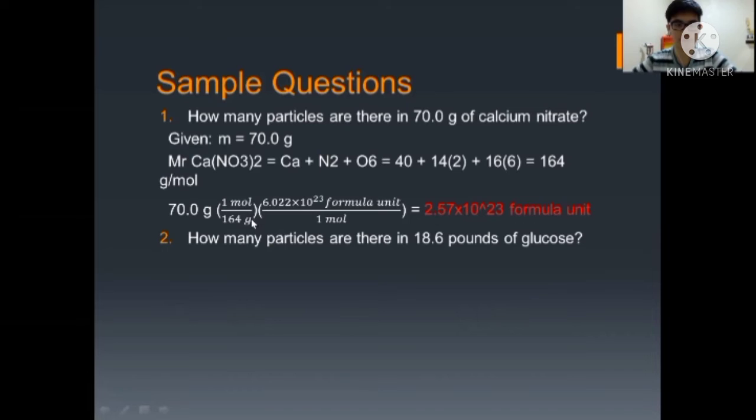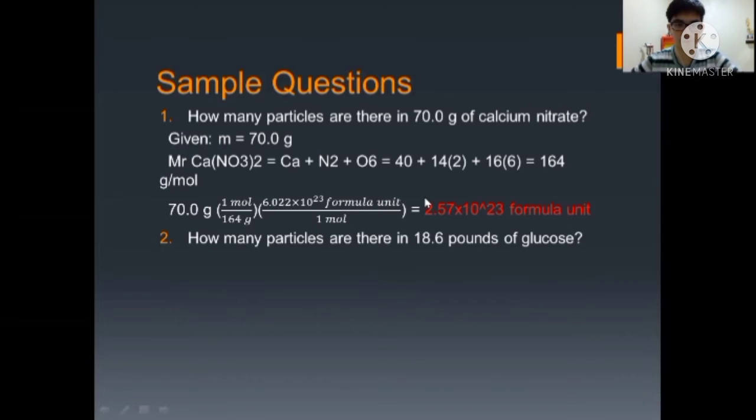So we can cancel this gram. After that we need to cancel this mole, so we multiply by Avogadro's number, which is 6.022 times 10 raised to 23 formula units.